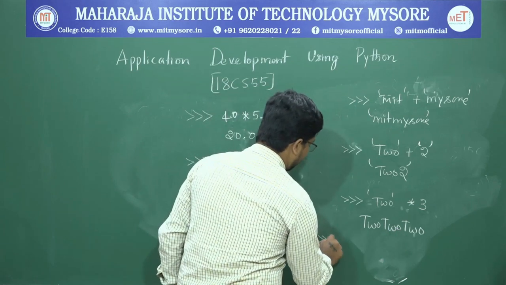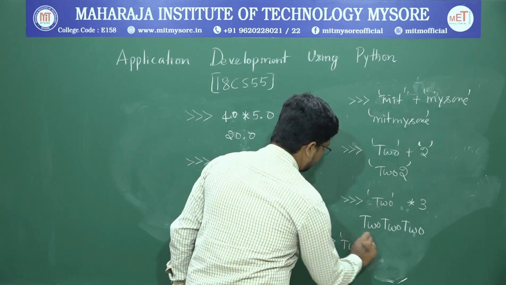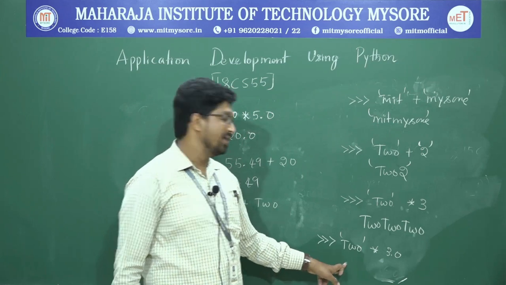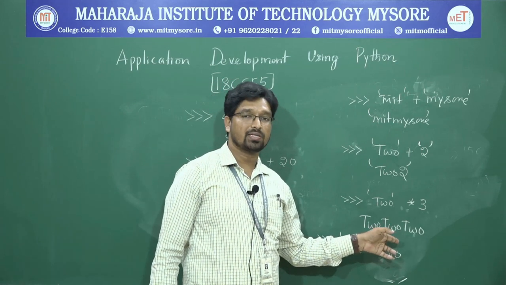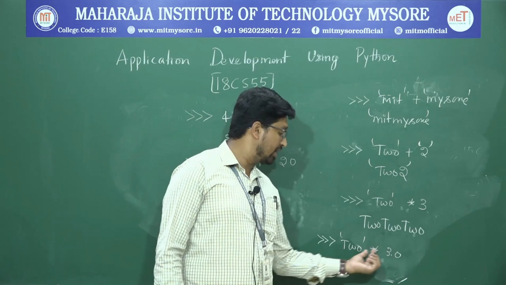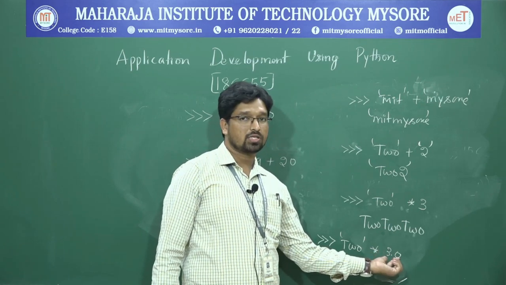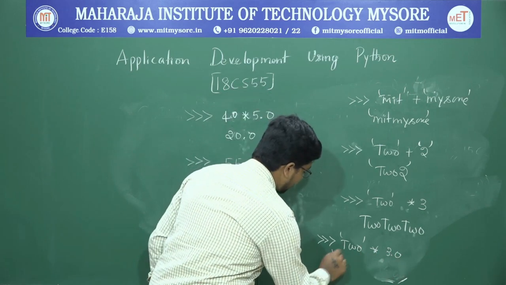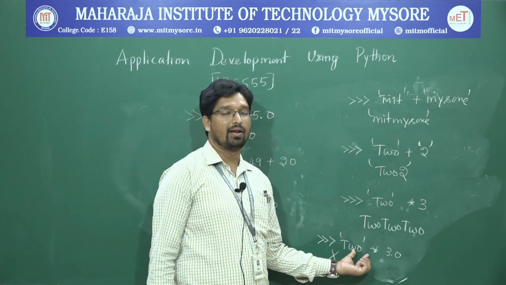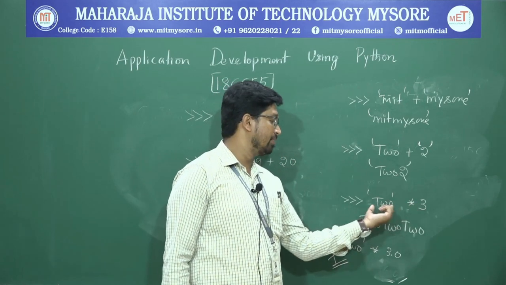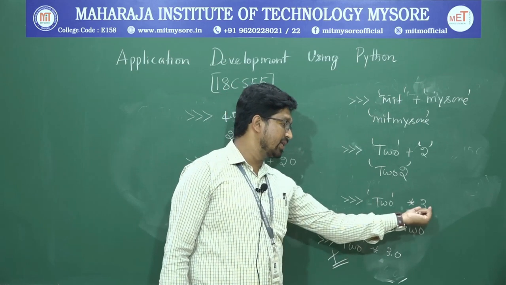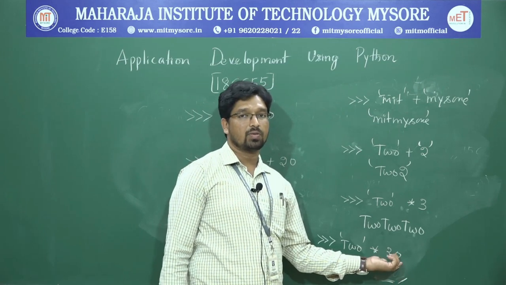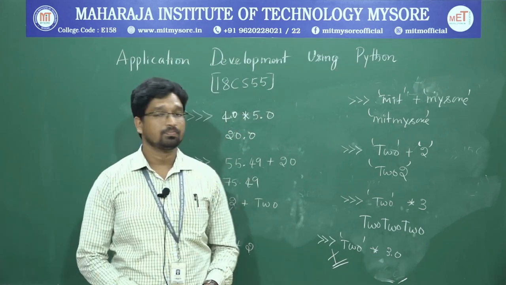In the same way, if I write 2 star 3.0, the result cannot be the same as the previous example, because here it is a string into float, so this cannot happen and you will get an error in this instruction. You can replicate any string with an integer value, but you cannot replicate any string with a floating value. This becomes an error. Okay, understood?